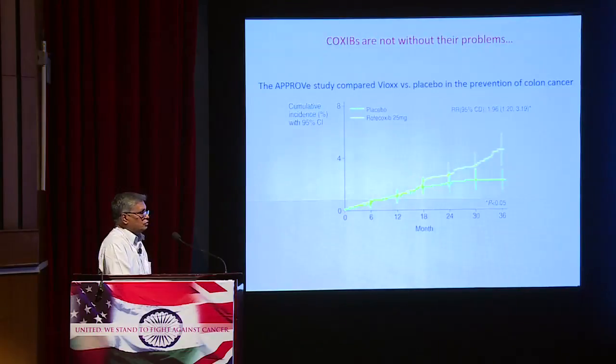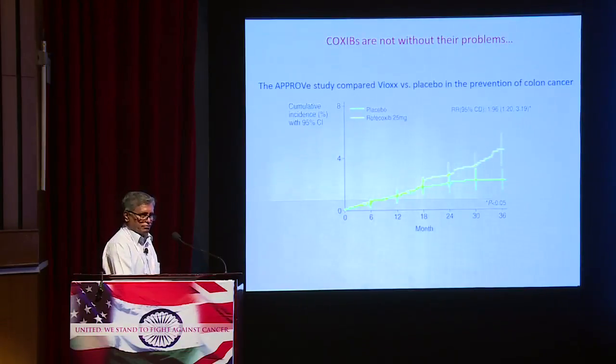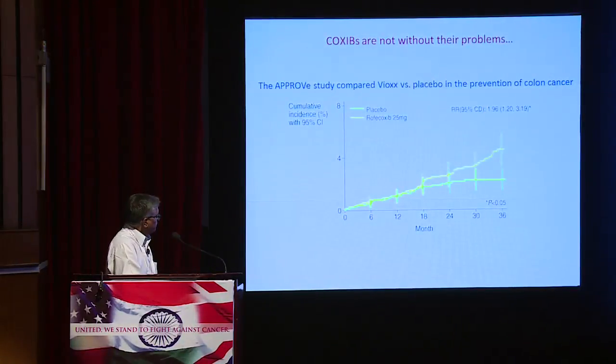But very soon, these COXIBs were also found not to be without side effects. Arthritis patients have to take these drugs throughout their life, and on prolonged usage of these COXIBs, as you can see, there is increased incidence of cardiac attacks compared to the placebo.